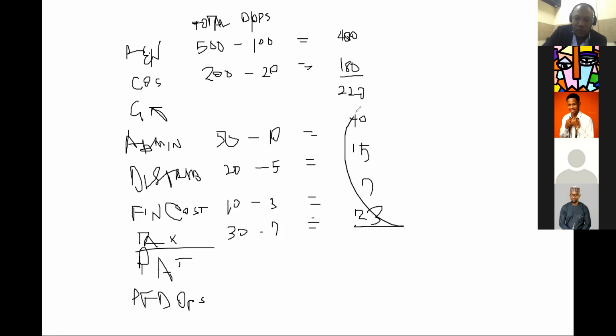So once we've done all that subtraction, we'll now get our profit after tax. So minus, that's 55, 62, 85. So 85 minus 220, 135, I think.